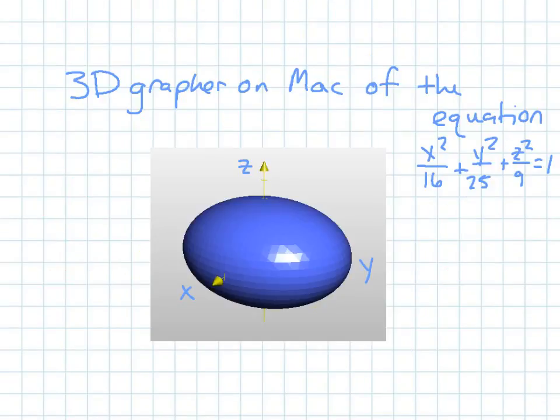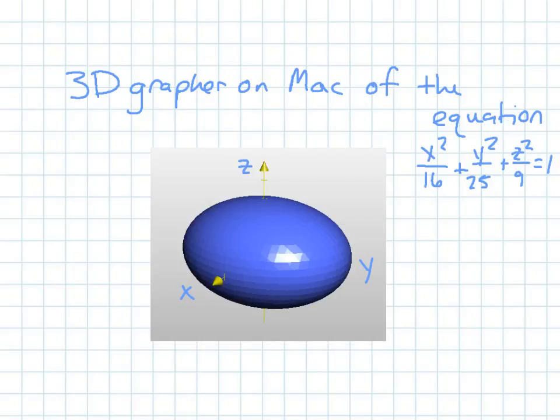I put this into the 3D grapher and came up with this picture. You can change the colors, you can change the background. I marked the axes so you can see what the shape should look like for the most part.